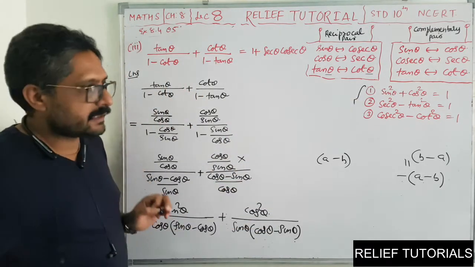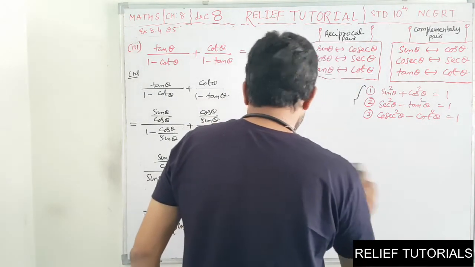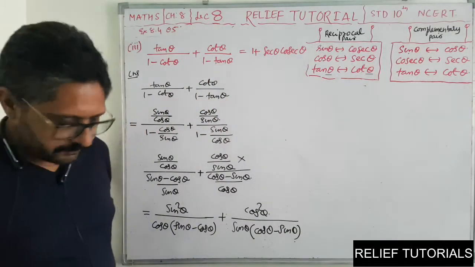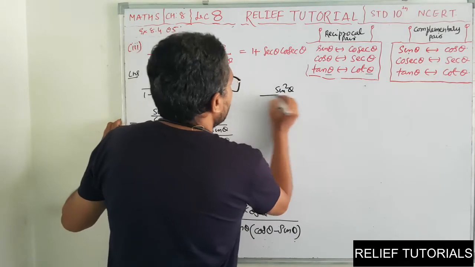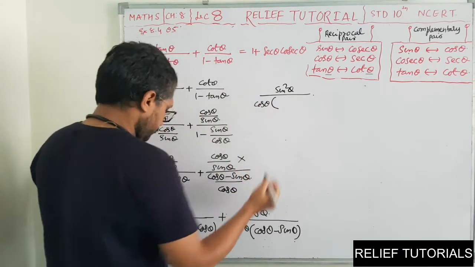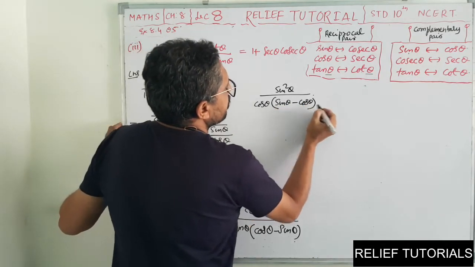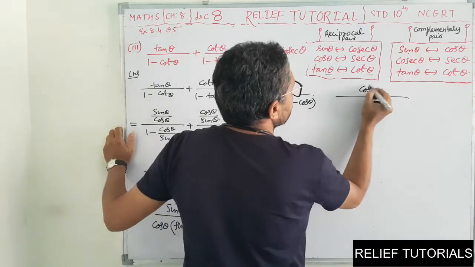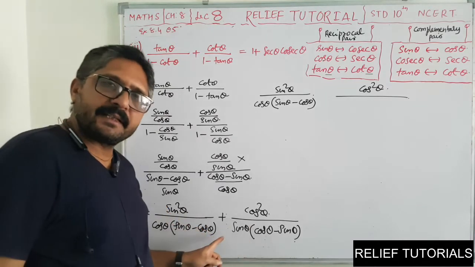I'm going to run this identity. I don't have space. So this as it is. Cos square theta. See, this is A minus B, so I will take minus common.